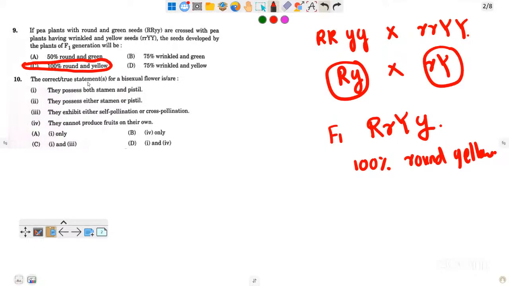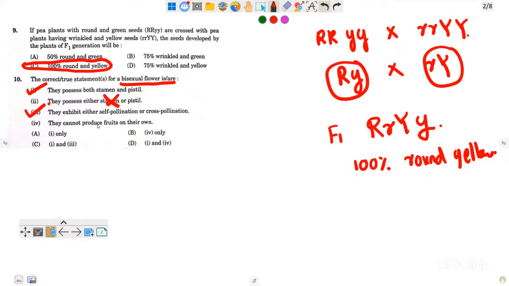Look at the next one. The correct or true statement about bisexual flowers. What are the true statements about bisexual flowers? Both male and female structures are present. That is, it possesses both stamen and pistil. It is correct. It possesses either stamen or pistil, that is not correct. They exhibit either self-pollination or cross-pollination, that is a correct statement.